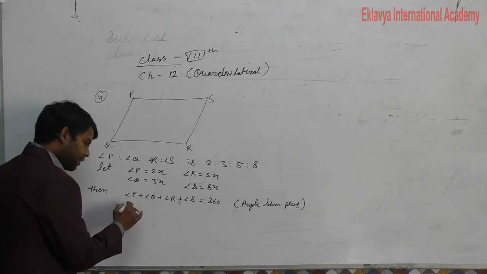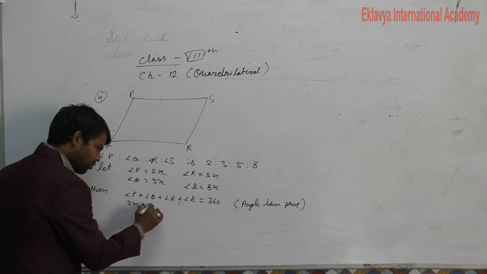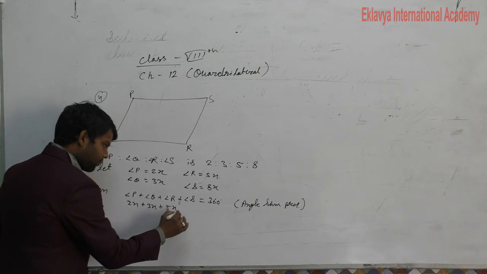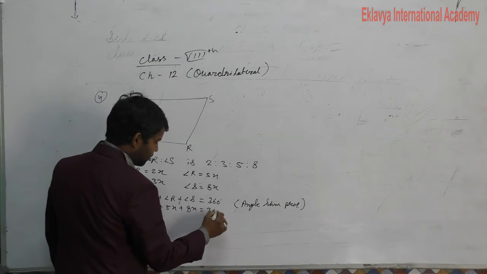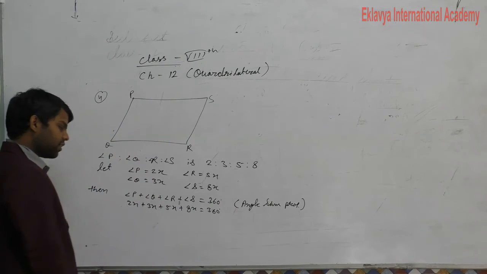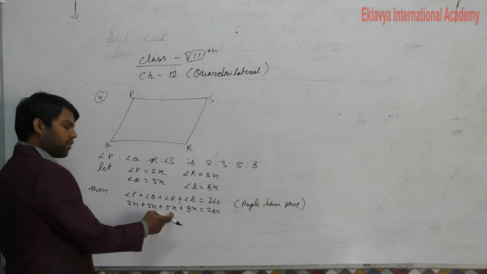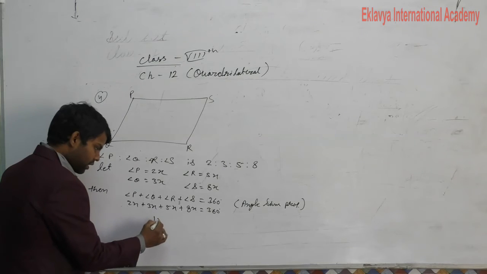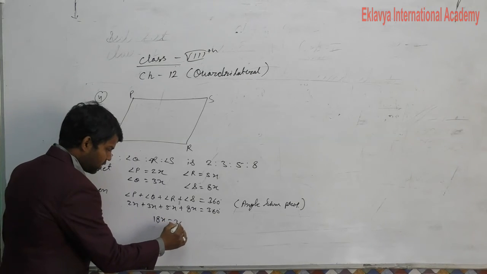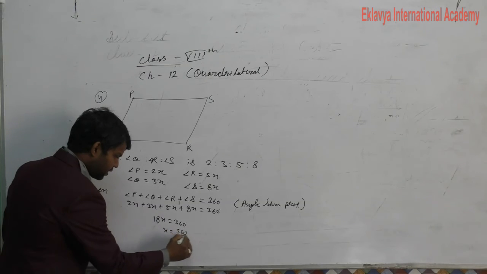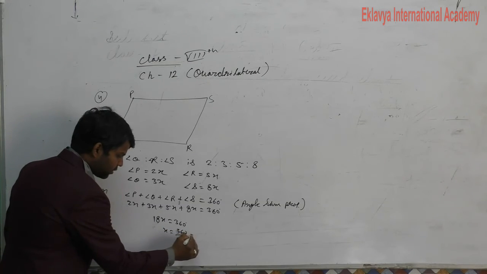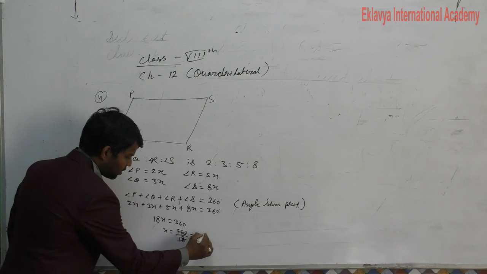Then 2x plus 3x plus 5x plus 8x is equal to 360 degrees. 2 plus 3 is 5, plus 5 is 10, plus 8 is 18x, equal to 360 degrees. Then x is 360 upon 18, we get 20 degrees.